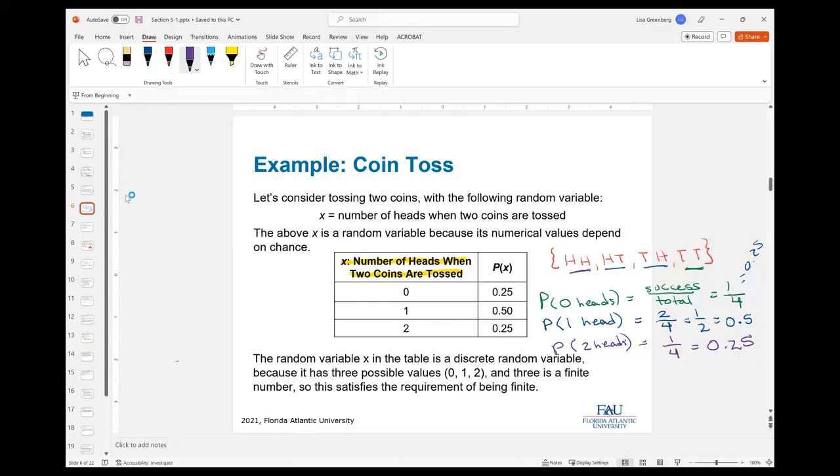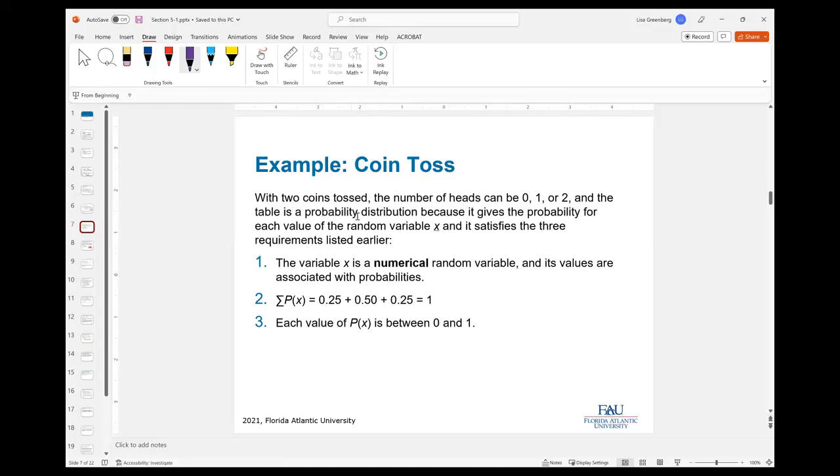Let's read it. With 2 coins tossed, the total number of heads can be 0, 1, or 2. And the table that we had before is a probability distribution because it gives the probability for each value of the random variable X, and it satisfies the 3 requirements listed earlier.